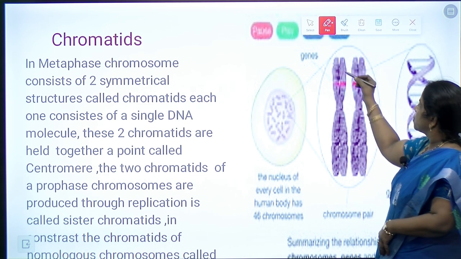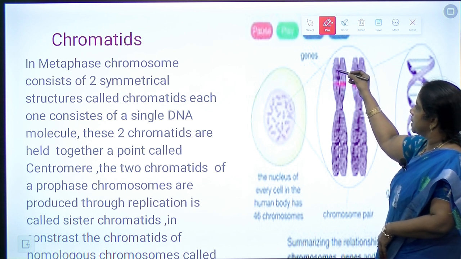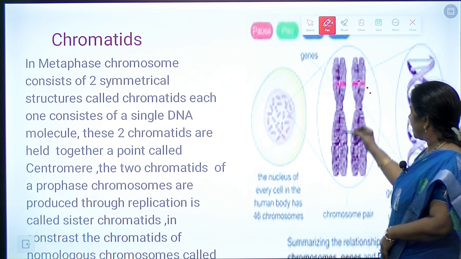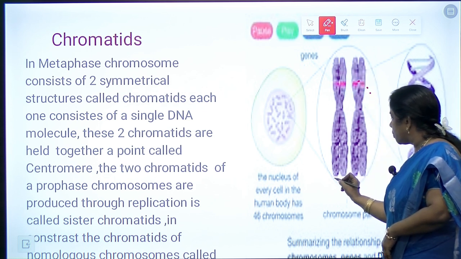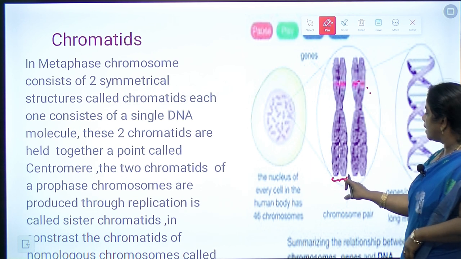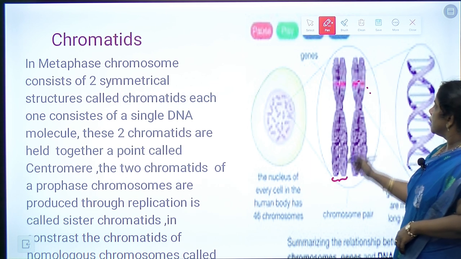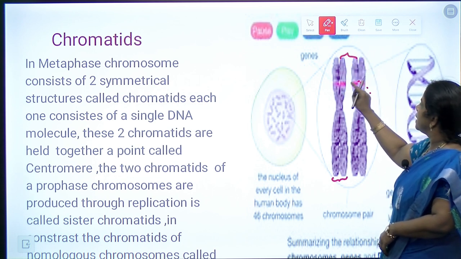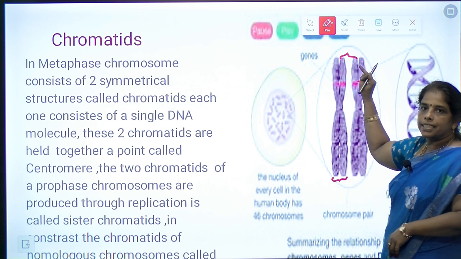So, a metaphase chromosome consists of two symmetrical structures called the chromatids. Each one consists of a single DNA. The chromatids formed from a single chromosome are called the sister chromatids. The chromatids formed from the homologous chromosomes are called the non-sister chromatids.